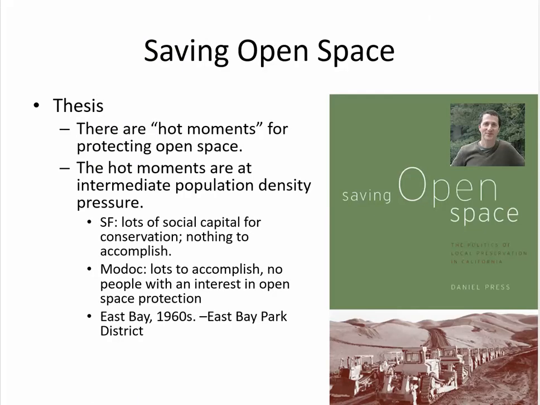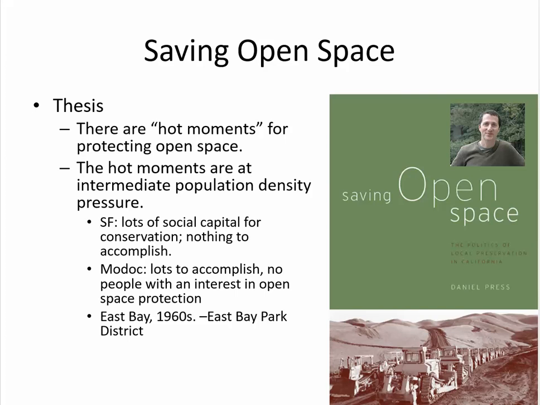And just as a little bit of a diversion, Daniel Press wrote this book called Saving Open Space, and he makes the argument that there are hot moments and hot places for open space action. So, for example, in San Francisco there's lots of social capital for protecting wild areas, but there's almost nothing left to protect.